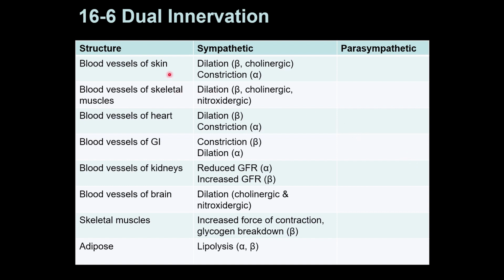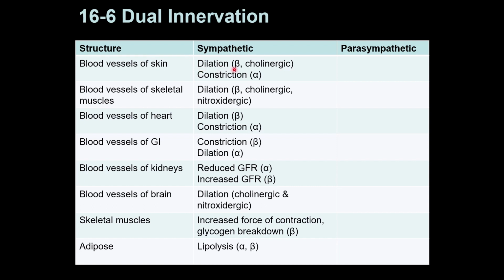So look at this slide. You can see that I put all the sympathetic system here. The blood vessels do not have parasympathetic supply. So they are supplied only by the sympathetic system. But based on their type of receptors, they may contract or they may dilate.